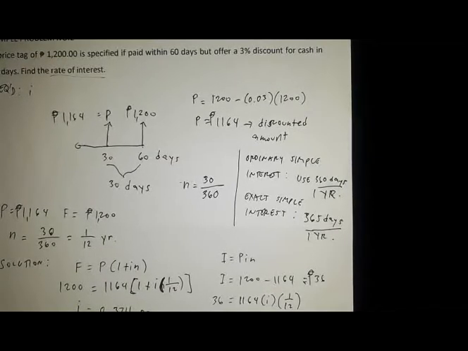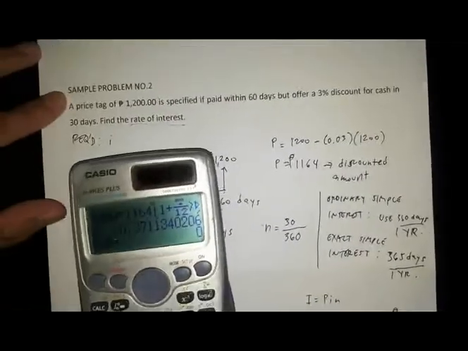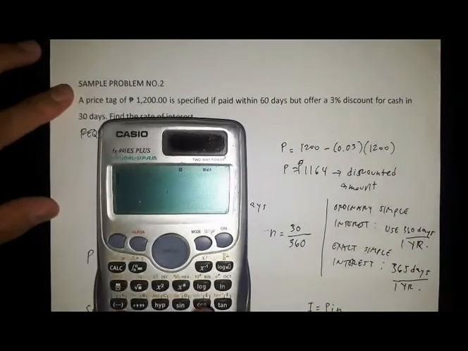We have i equals, so let's see if we arrive at the same value, 36 times 12 over 1,164.